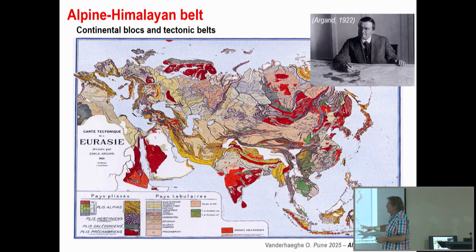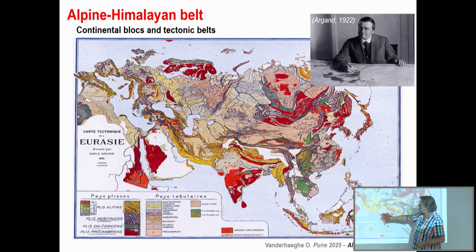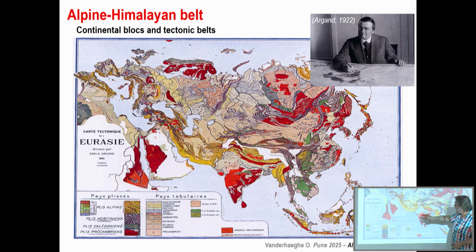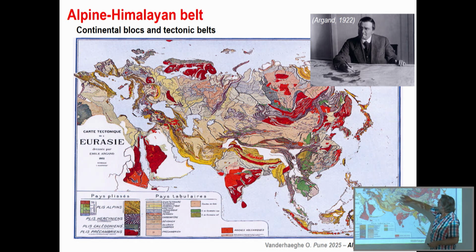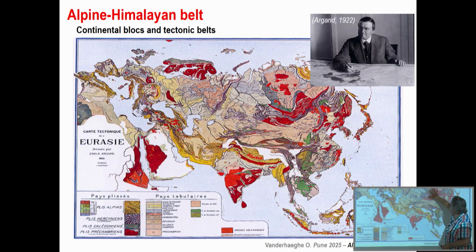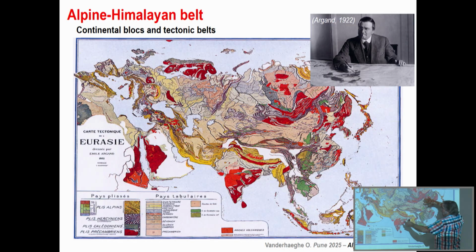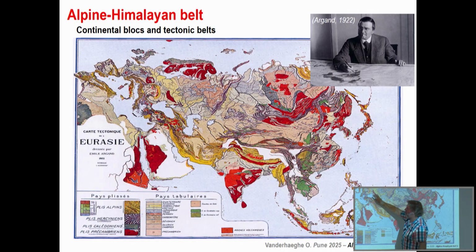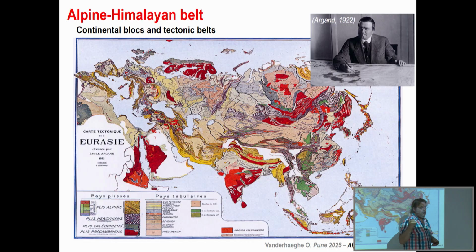And you can see here all the cratons, the East Africa, Arabia craton, the India craton, Scandinavian craton, Siberia, and all these are the blocks that are moving relative to each other to form the Variscan belt and then the Alpine Himalayan belt. That's a wonderful map.